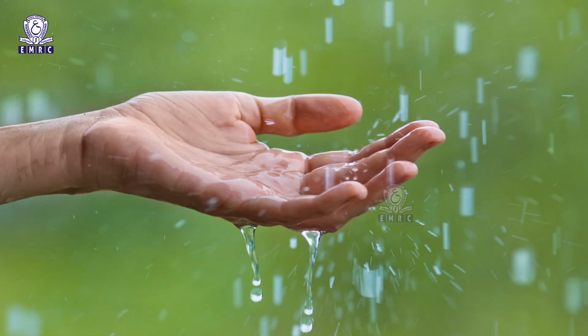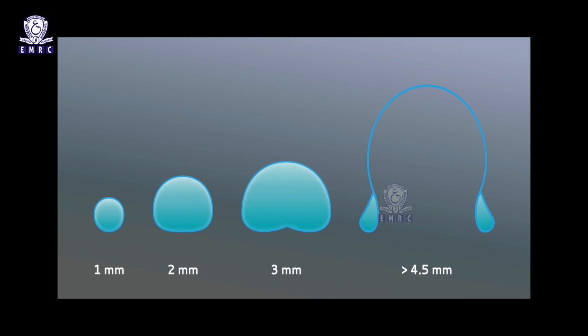A common misconception is that when raindrops fall, they have a teardrop shape. In fact, smaller raindrops, ones that are approximately 1 millimeter or 0.039 inches across, are almost perfectly spherical. Larger raindrops, 2 to 3 millimeters or 0.078 to 0.118 inches across, are also round, but with a small indent on their bottom side.